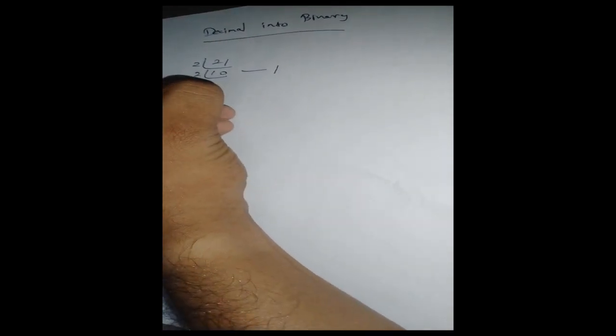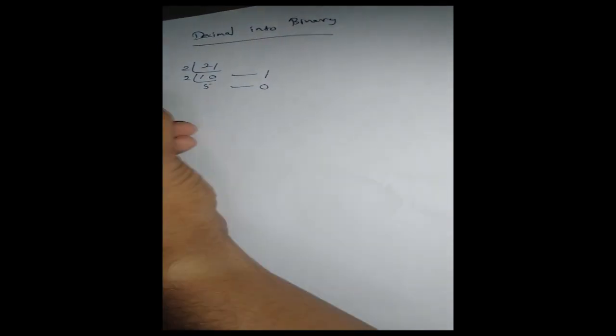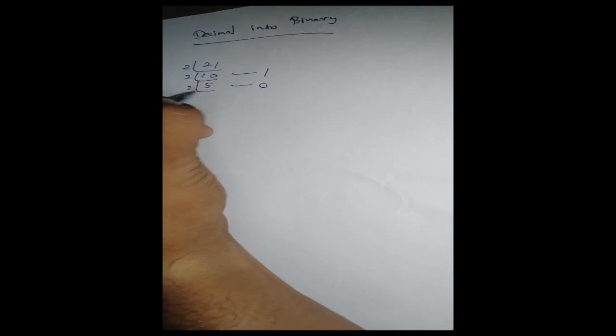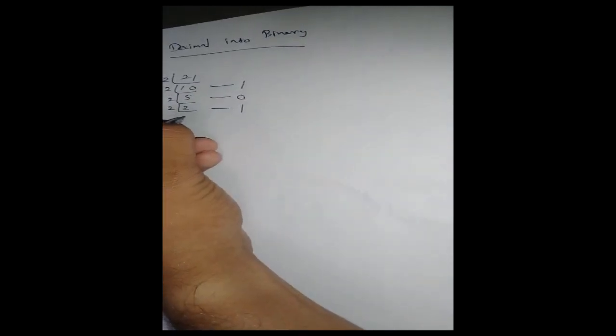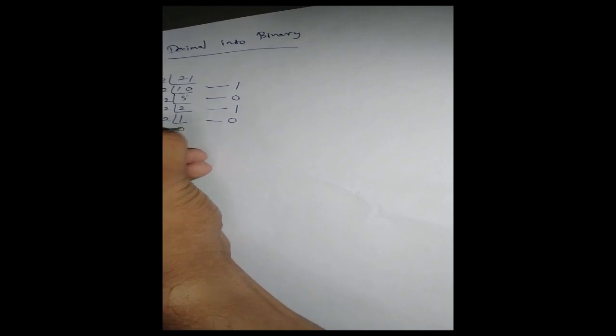Again divide this by 2, you get 5 and there is no remainder. Again divide by 2, it's 2 and there is 1 remainder, because 2 into 2 is 4. Again divide, you get 1 and remainder 0. Again divide, you reach 0 and the remainder is 1.